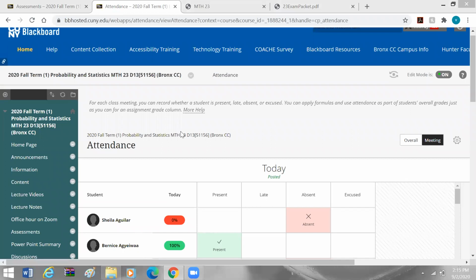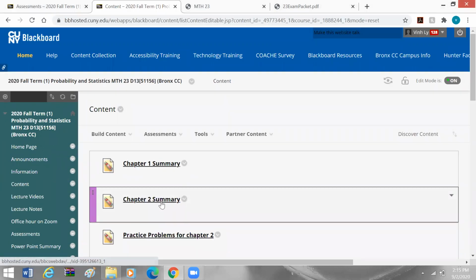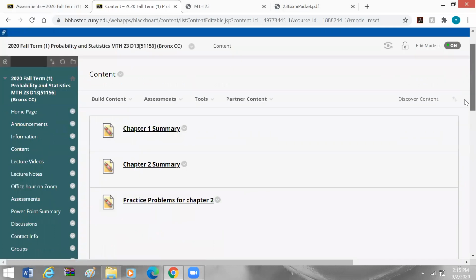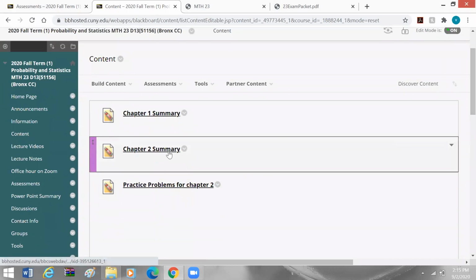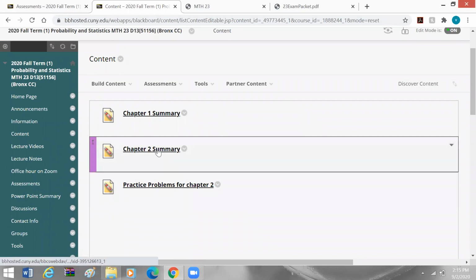This is something that we would like to have material for, which is done on Blackboard. So I uploaded two materials. One is chapter 2, and the other one is practice problems for chapter 2. All of this content is available on Blackboard.